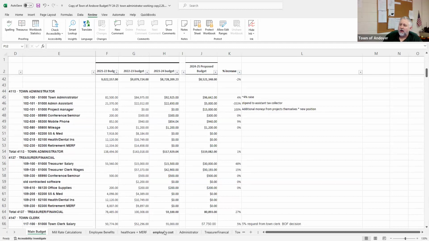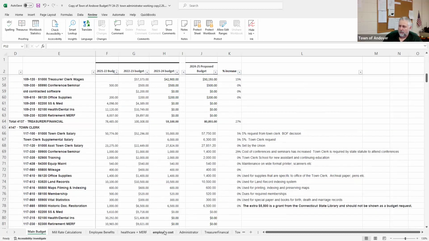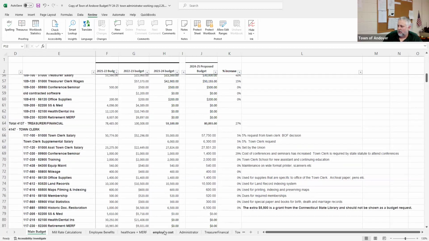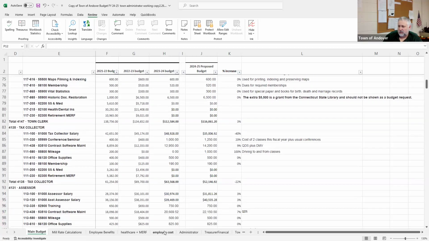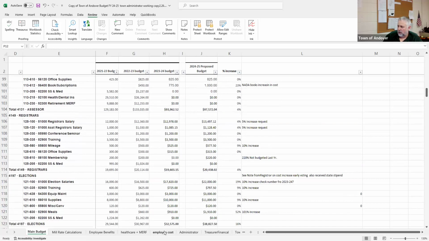So a chunk of that is the treasurer's salary. A chunk of that, if you go down to the registrars, we're asking for an increase.